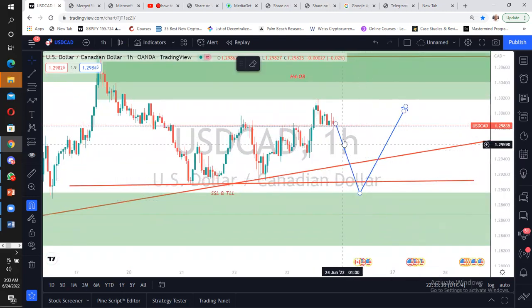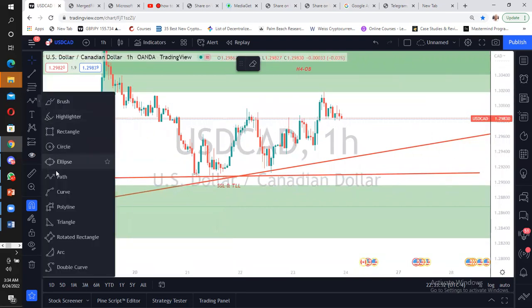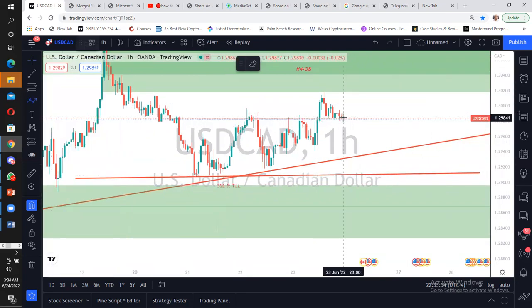This is the move I was expecting from this pair. So I would like to see something like this, a very serious move down. Then trade into the FVG and flush down. This is what I'll be expecting. Then if there's a need to go up, I'll see that through the price action I will get from here.